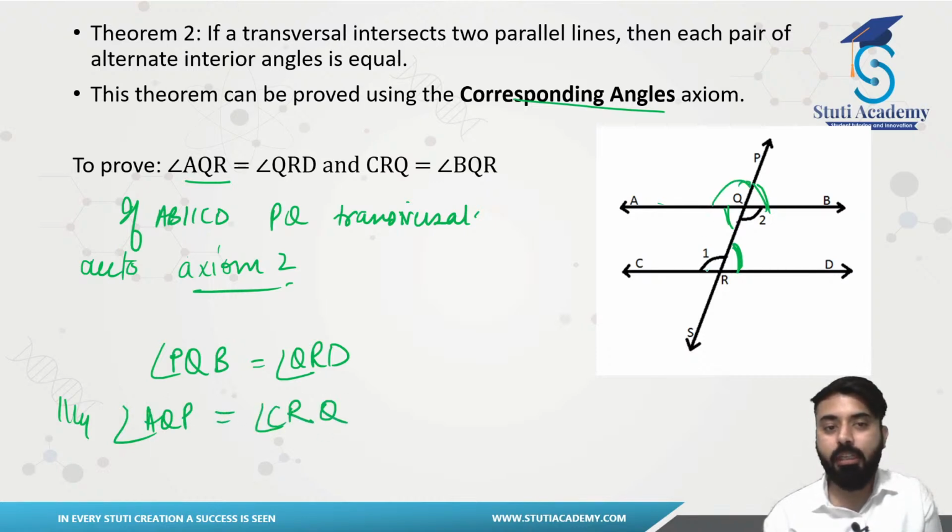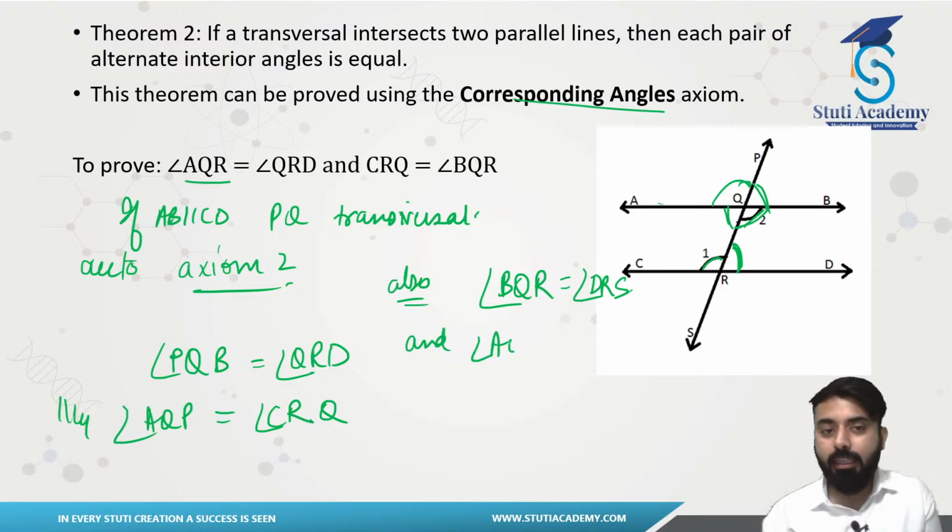Also, angle BQR, that means this one, will be same as angle DRS. And lastly, angle AQR will be same as angle CRS. Now this angle is same as this one, and that one is same as that one.